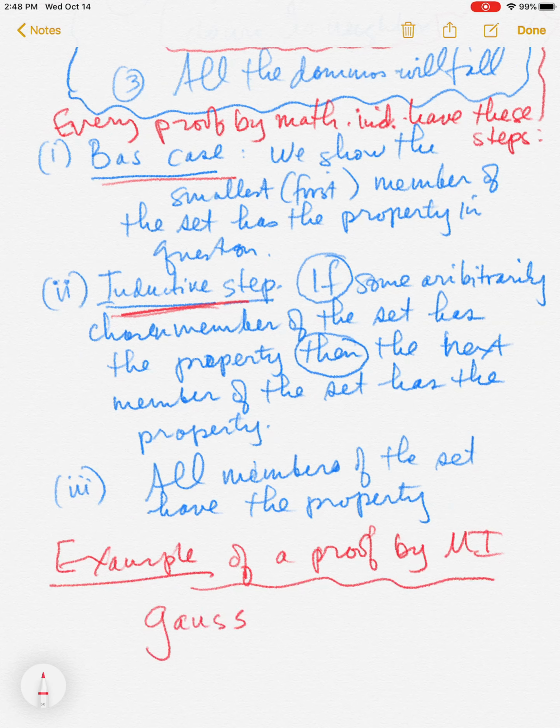And maybe some of you have encountered Gauss somewhere along the line. He lived from 1777 to 1855. And he made really important contributions to a number of fields of mathematics, number theory, differential geometry, and so on. He also did work in astronomy and optics and so on. He was kind of a smart guy.